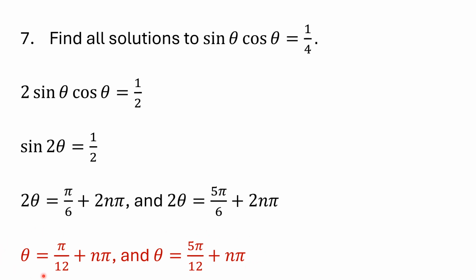So these are my solutions. Yes, the double angle formulas are legitimate, and you have to use them if the situation requires. This would be very difficult to solve otherwise.